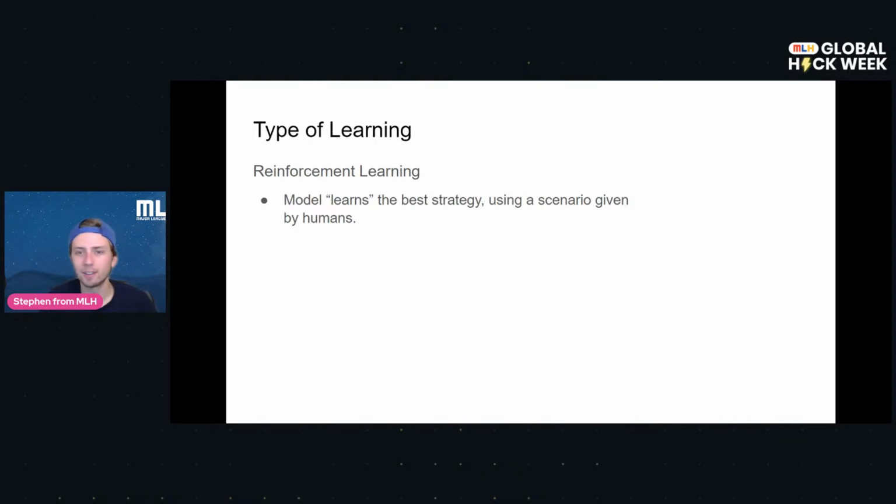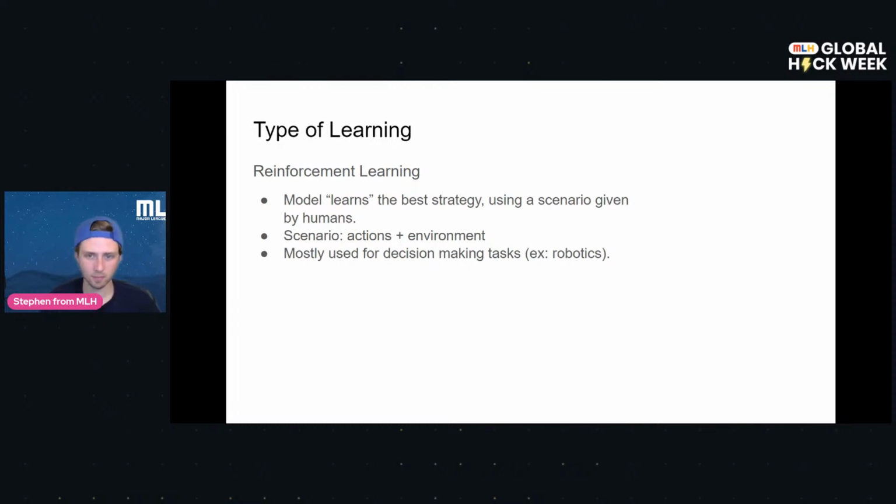And we were trying to get the most benefit from the forest. So that was really good. And it involves a scenario where we have actions and environment, and is mostly used for decision making tasks. So you could think about robotics as a good example of that.